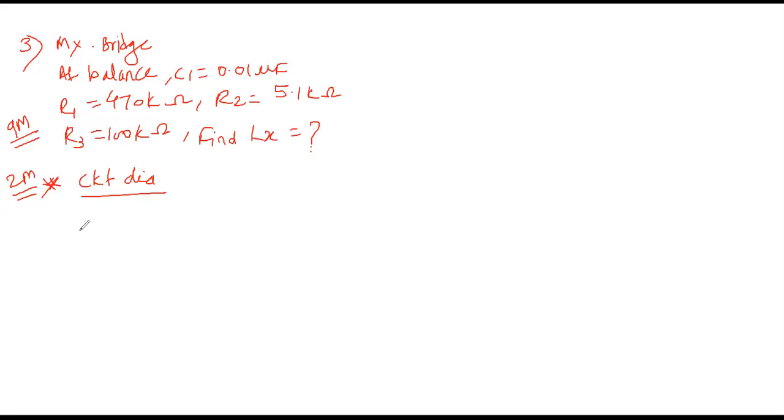So first write the balanced condition. Rx is equal to R2 R3 divided by R1, and for Lx, it is R2 R3 C1. So place all the values and find out the answer. Okay, do this as homework.